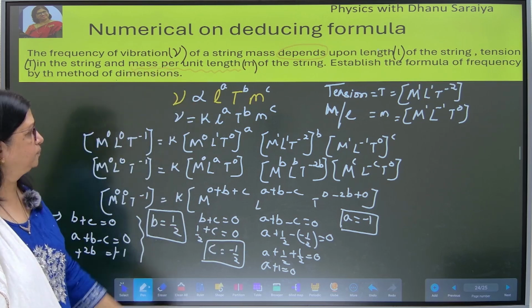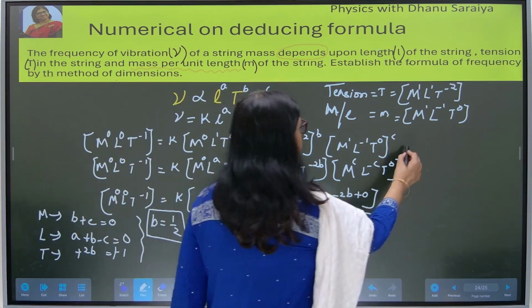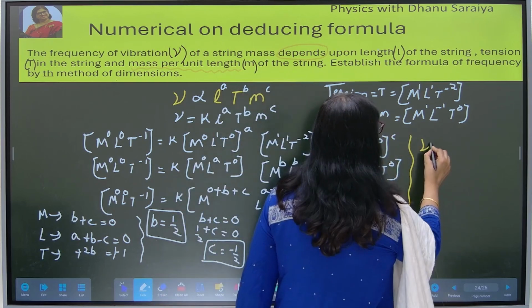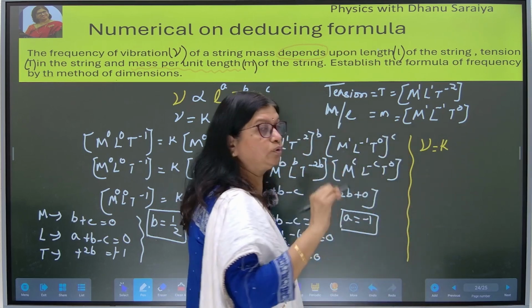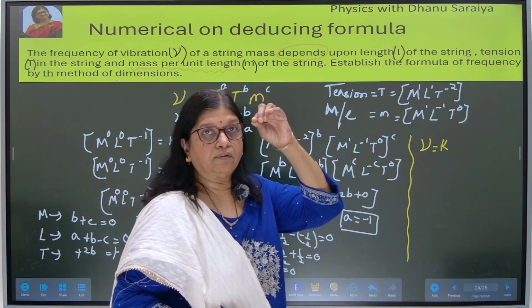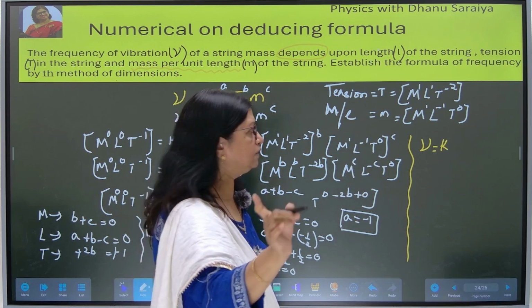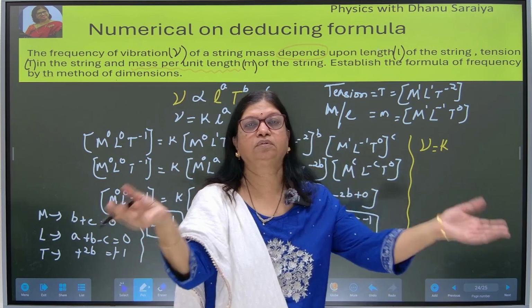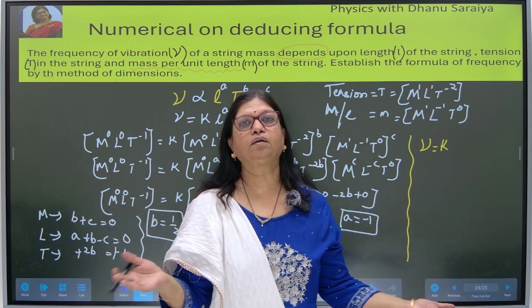I'll place it there. Get my formula. Okay. So now I go to this part of the board where I write mu is equal to K. Now you have to see A is the power of which physical quantity. That is very important. That mistake also children make. After finding out A, B and C, they put wrong physical quantities with wrong powers.